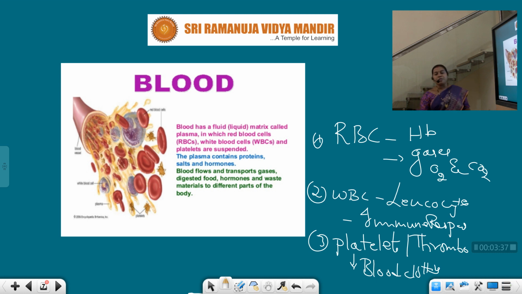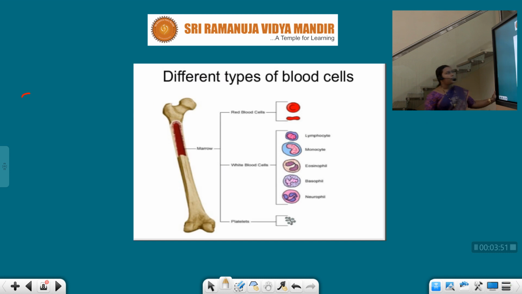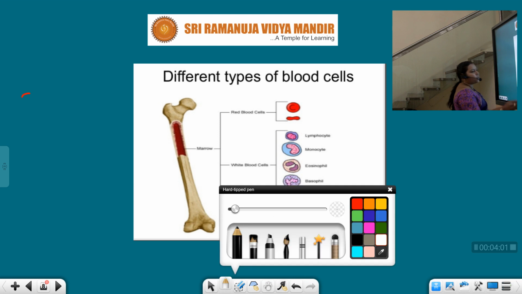Apart from blood, we also have another fluid connective tissue, that is lymph. And blood flows and transports the gases, digested food, hormones, and waste materials to the different parts of the body. These are the different types of blood cells: RBC, WBC, platelets. You know, blood cells are synthesized in the bone marrow.